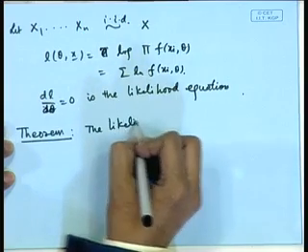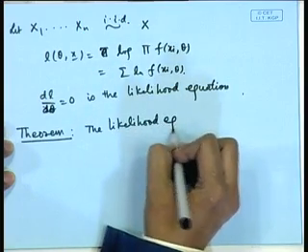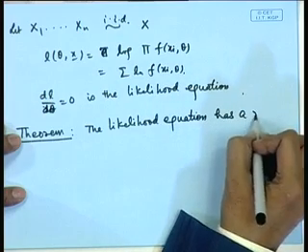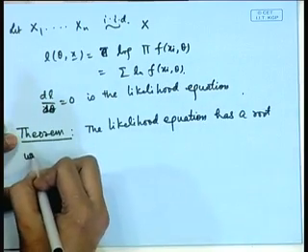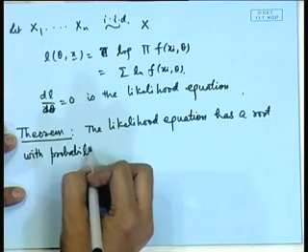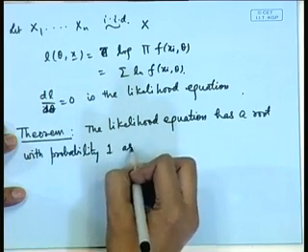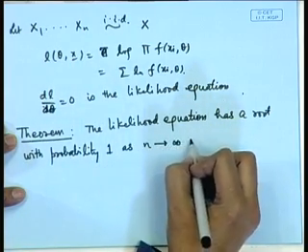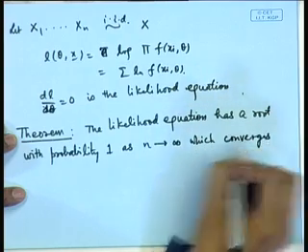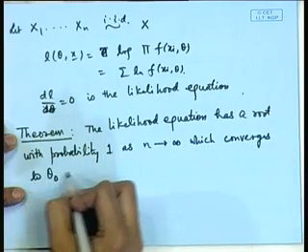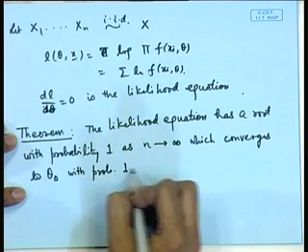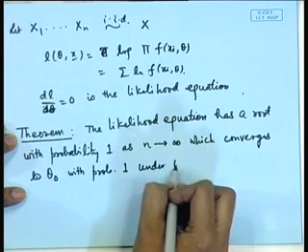The likelihood equation has a root with probability 1 as n tends to infinity, which converges to theta naught with probability 1 under theta naught.